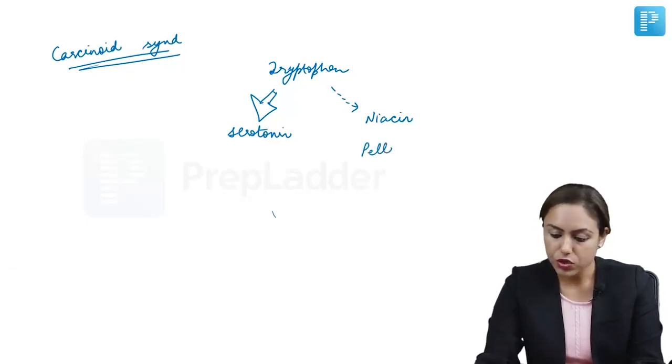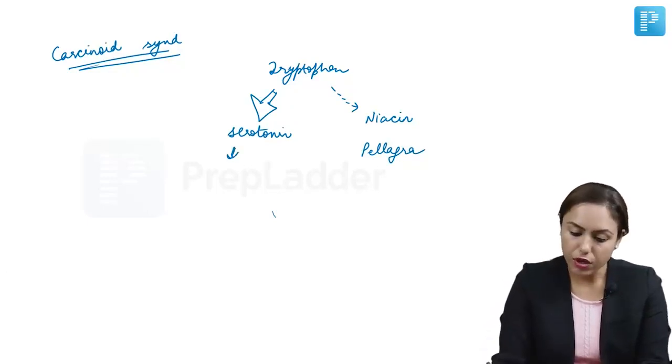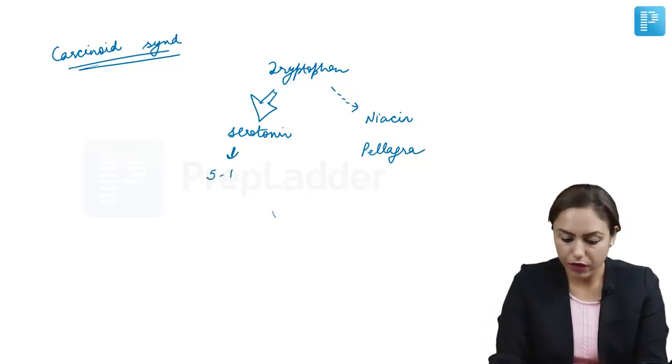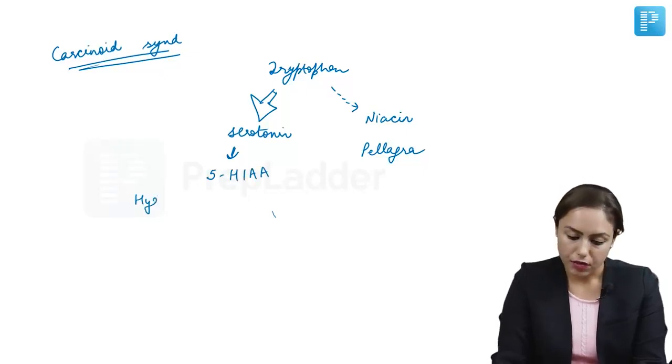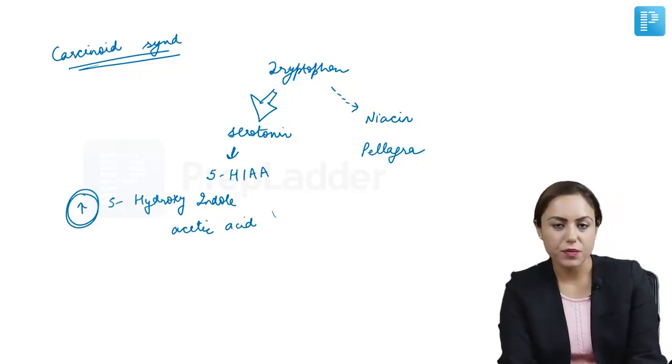So these patients also have pellagra. The end product of serotonin is 5-hydroxyindole acetic acid, which will be increased in urine in these patients.